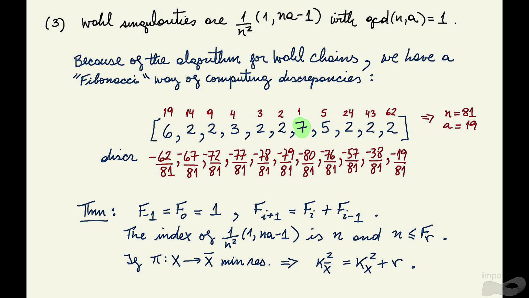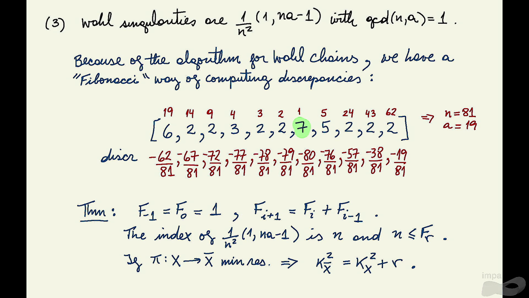The canonical divisor, when you have a singularity, is only Q-Cartier. So the smallest number that you need to multiply this canonical divisor by to make it Cartier is the index. And for the case of Wahl singularities, it is n. And using this algorithm, you can prove that this n is bounded by the Fibonacci number, where Fibonacci numbers, we think about them in this way.